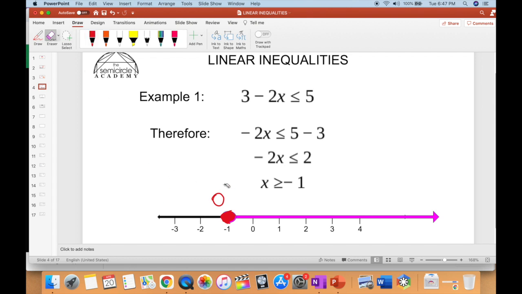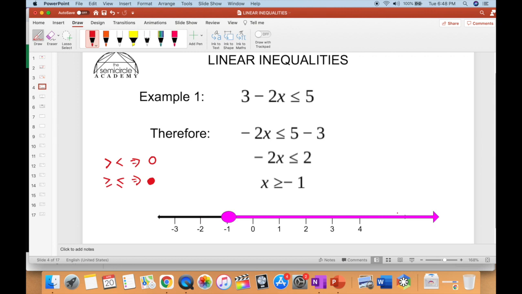And we can actually illustrate that here. So let's just put a little note there. Less than, greater than implies unshaded circle, or less than or equal to implies shaded circle. So give this example a write down so you can see here the example. The final answer we got was x is greater than or equal to -1.